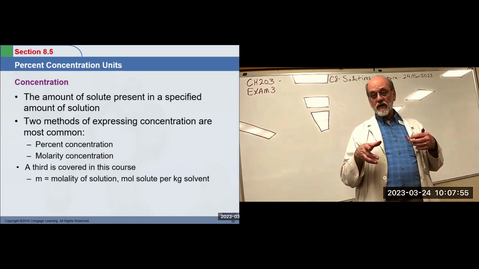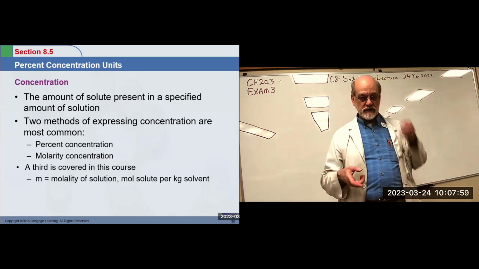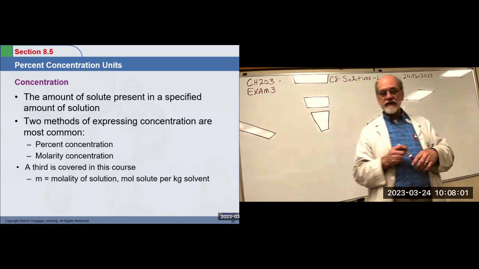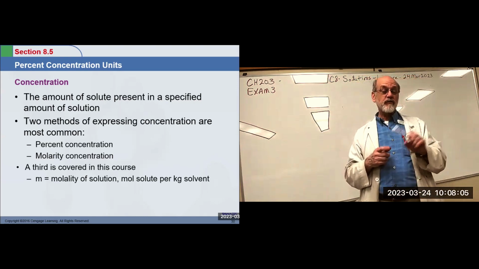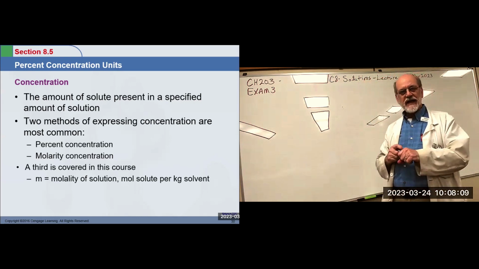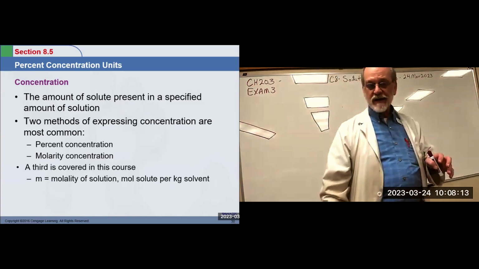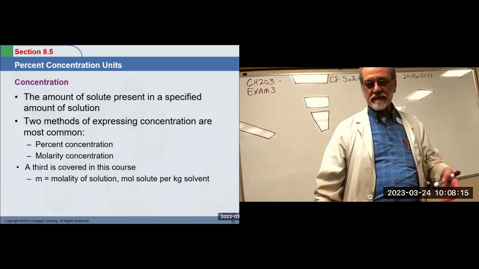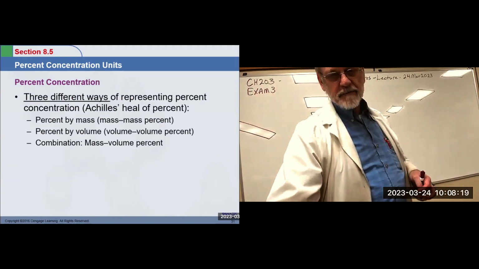If we're interested in quantitative determinations, we need a way to express the concentration. There are several methods. There are three that we're going to talk about here. One is percent concentration. The other is molarity, and the last one is molality. So let's get those together.